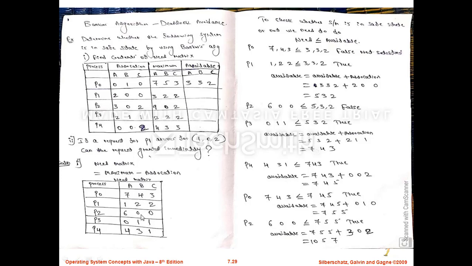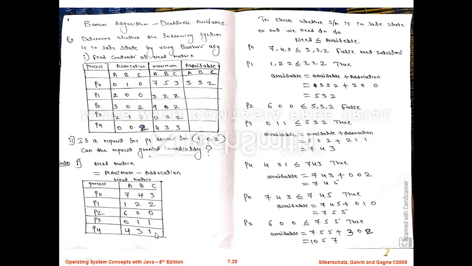So in total 600, this many they need presently to complete. Next, in the same way, 222 minus 211: 2 minus 2 is 0, 2 minus 1 is 1, 2 minus 1 is 1. Then here also 433. Then if we do 4 minus 0 is 4, 3 minus 0 is 3, 3 minus 2 is 1, giving 4, 3, 1.